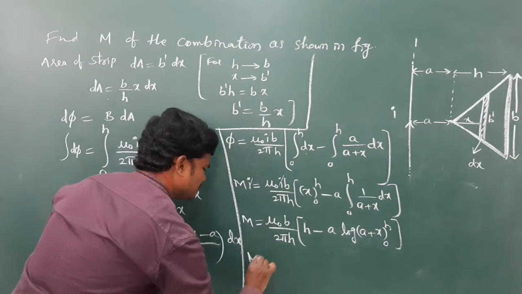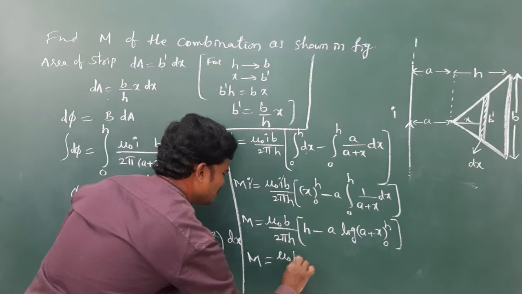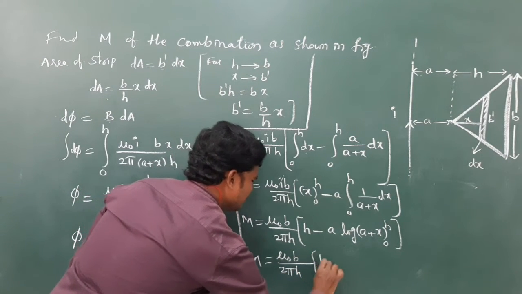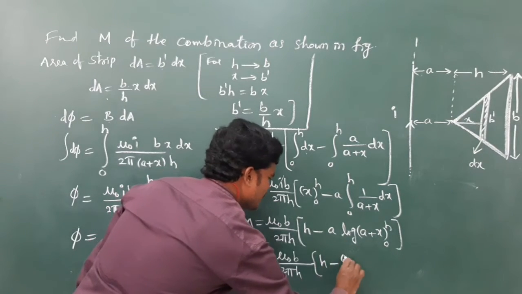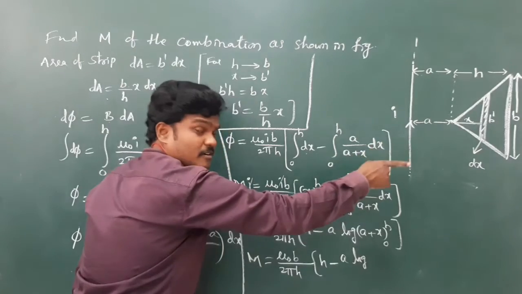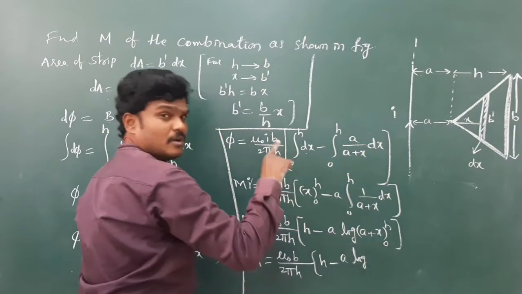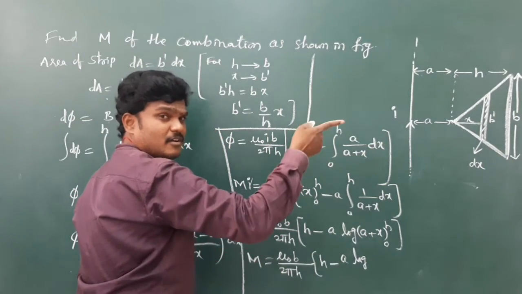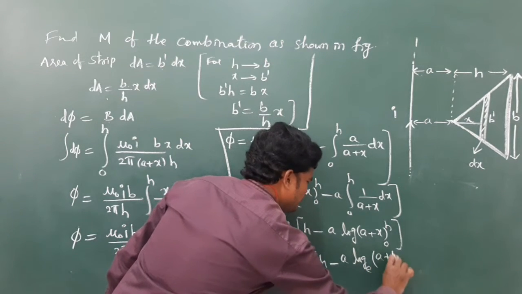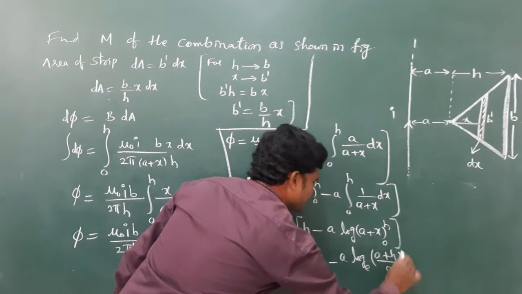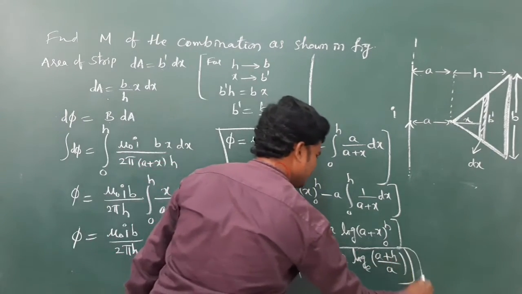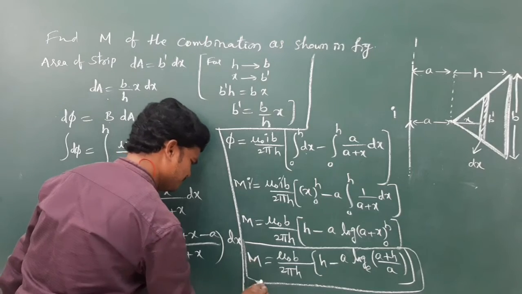Then M is equal to mu naught b by 2 pi h, h minus a times log of a plus h minus log of a. So you can write log of a plus h by a. This is the mutual inductance of the combination.